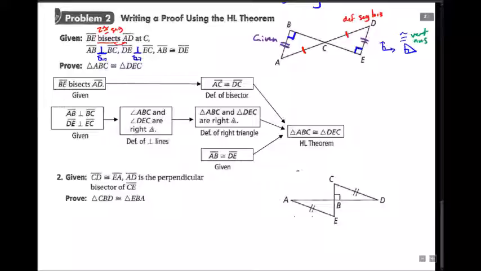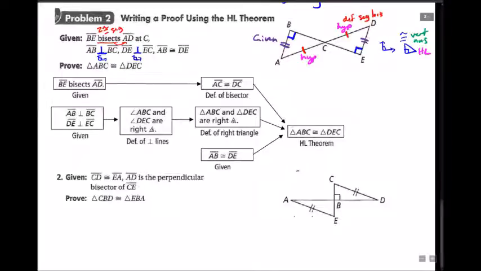And if you look here, anytime you see that you have a right triangle, you should check and see, do we have hypotenuse leg? Well, this is the hypotenuse right here. This is the hypotenuse right here. So if we turn them into right triangles, we can use hypotenuse leg. So either way is going to work, but the hypotenuse leg is going to be shorter.